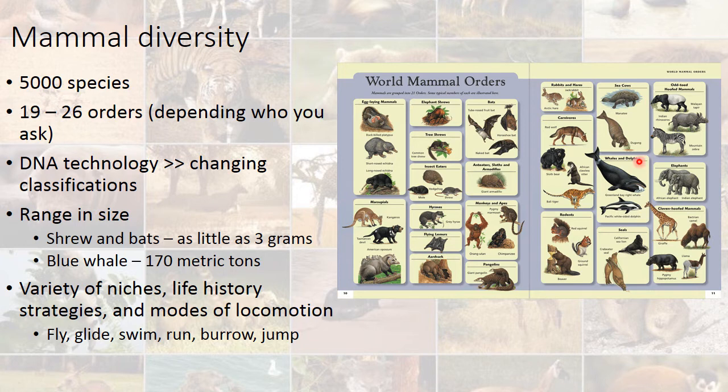the classifications change also. One of the craziest recent changes is that whales, so you see here in this diagram, whales are put in with dolphins. Whales are now in Artiodactyla, which are the cloven-hoofed mammals.